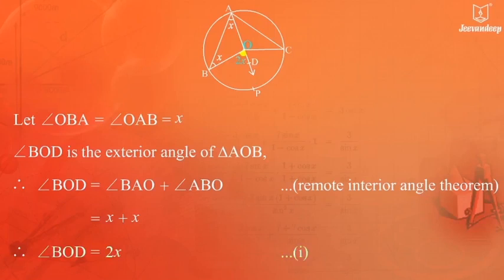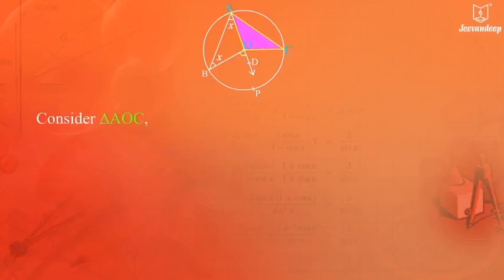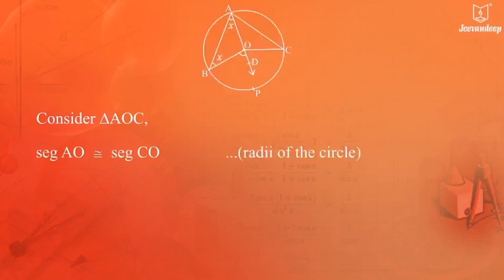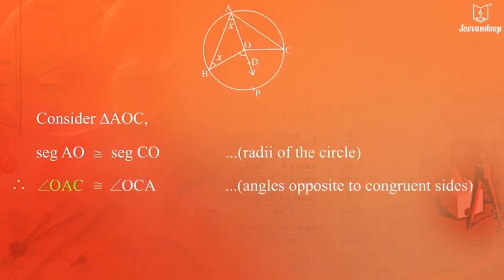Equation 1. Consider triangle AOC. Segment AO is congruent to segment CO, being the radii of same circle. Therefore, angle OAC is congruent to angle OCA, being angles opposite to congruent sides. Therefore, angle OAC equals angle OCA.